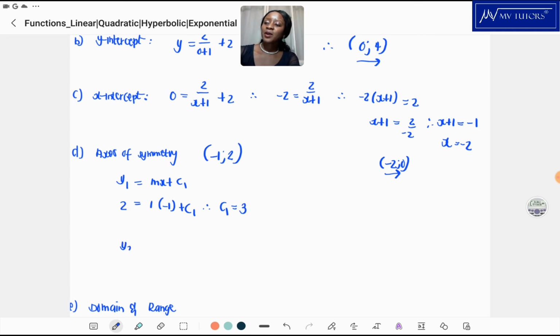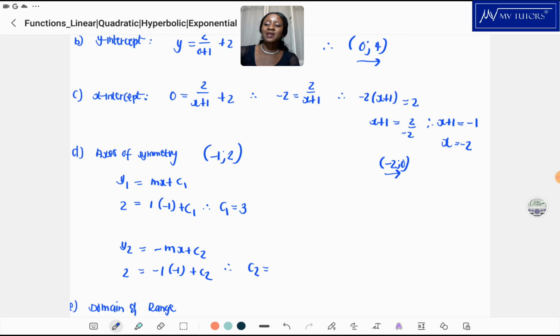And then I have y2 is equal to negative mx plus c2. So again, substitute 2. I have negative 1 times negative 1 plus c2. Therefore c2, well, basically negative 1 times negative 1 is positive. If I take the positive number to the other side, it becomes negative.